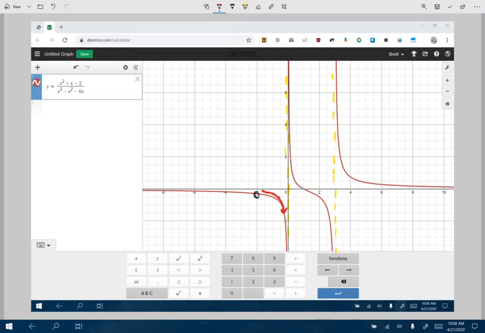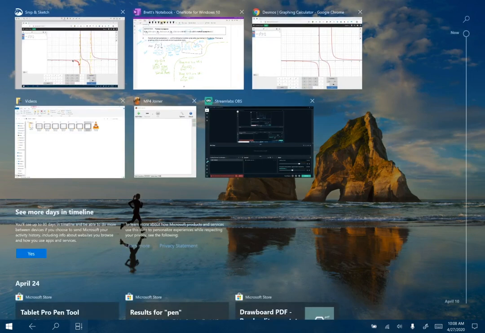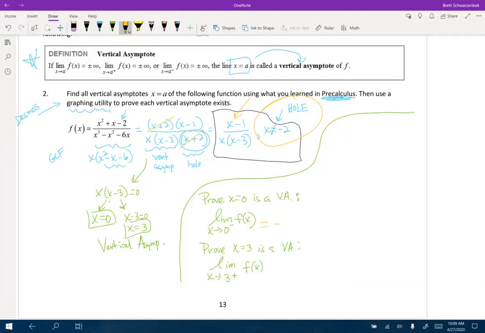And what is it pushing us towards? It's pushing us towards negative infinity. So going back to our notebook, just from our picture, we have proven that this is an infinite limit, specifically a negative infinite limit. Therefore, we have just proved that x equals 0, which is our a, is a vertical asymptote.